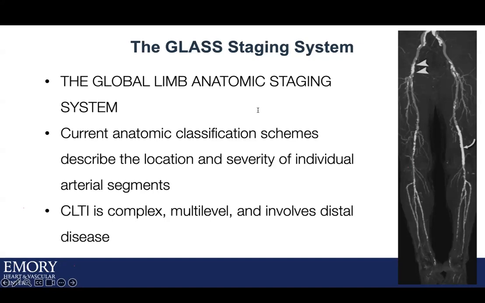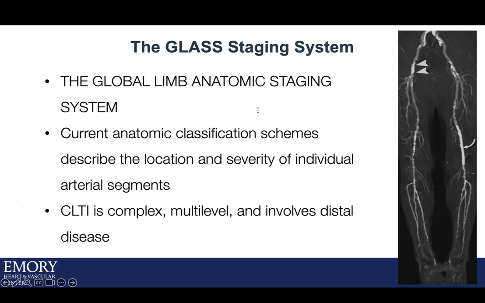Should we just watch? Should we do surgery? Should we do endovascular? And I'll be talking about something called the GLASS staging system, which is a framework for classifying the pattern of arterial disease in CLTI. I like to think about GLASS as like the SYNTAX score for CAD.